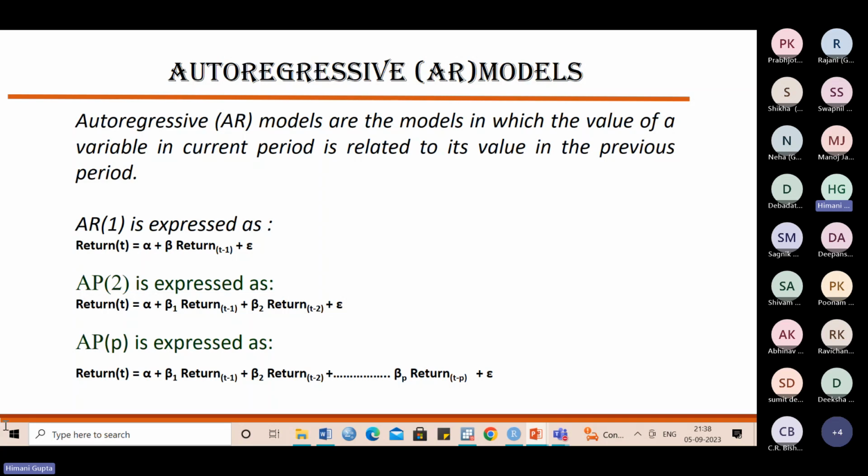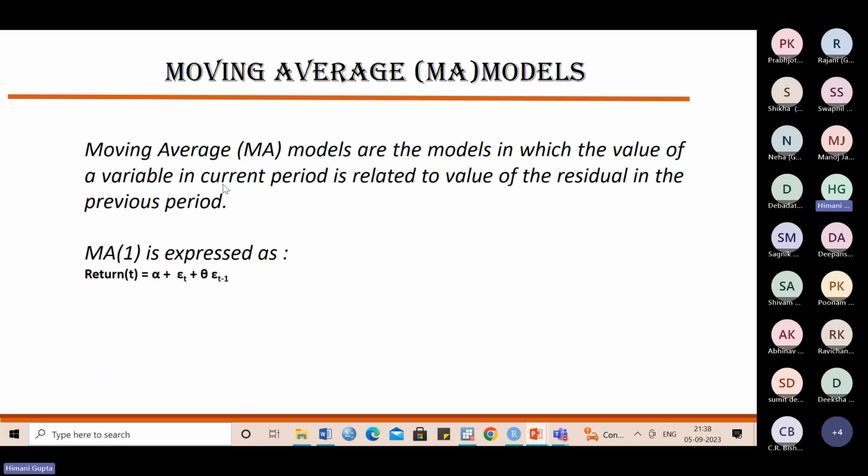If we are considering only the dependent variable's lags, we name it the AR term. And if I am considering the lags of the residuals, all the error terms, we name it the MA term, the moving average model. Moving average models are models in which the value of a variable in the current period is related to the values of the residuals in previous periods.